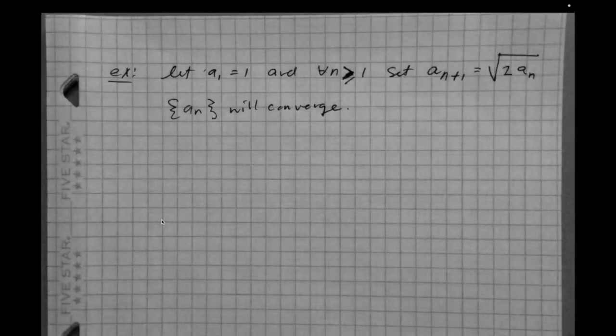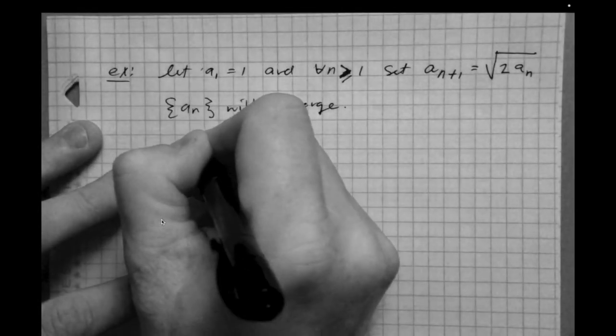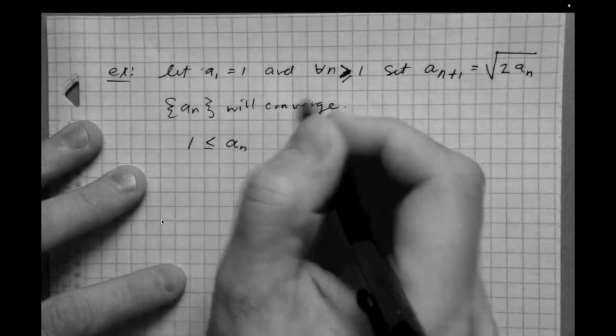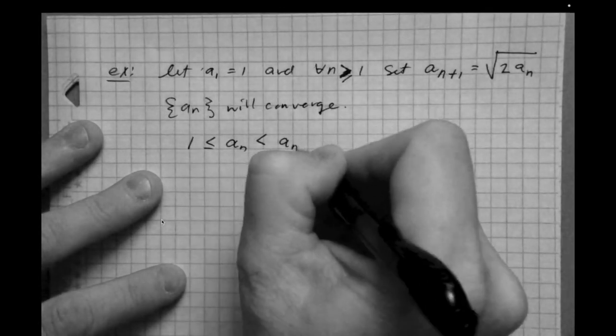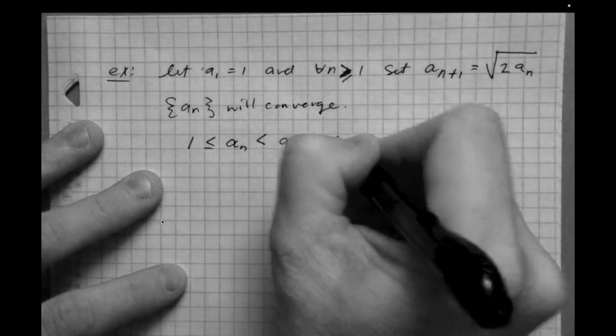What we can do here is show that the sequence a sub n is monotone increasing and bounded above. The implication will be that it converges. What we'll end up showing is that 1 is less than or equal to a sub n, which is less than a sub n plus 1, which is less than 2.